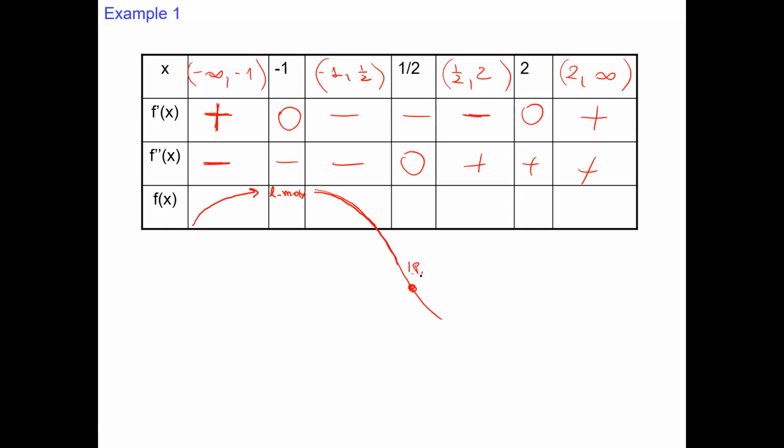We know that this will be the inflection point, still decreasing but concave up, and then attaining a local minimum. And then it's increasing, concave up. We can see that this is the graph of the function. Of course, we still don't know the exact values.